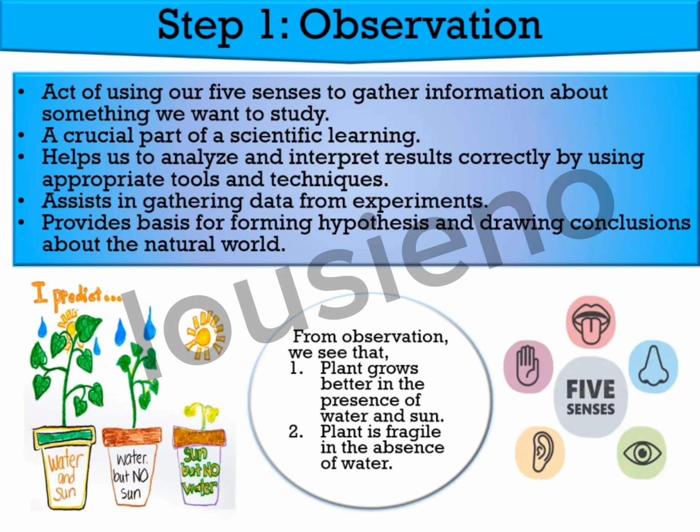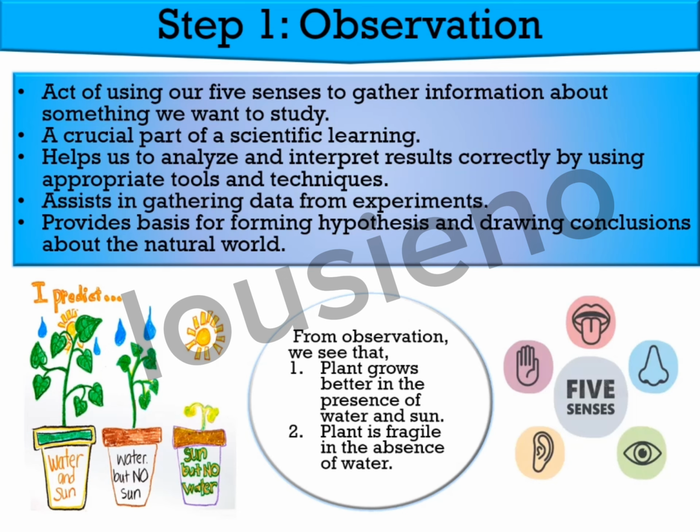This slide talks about step 1, observation, of scientific learning. What is observation? Observation is an act of using our five senses, such as sense of taste, sense of smell, sense of vision, sense of hearing, and sense of touch to gather information about something we want to study.